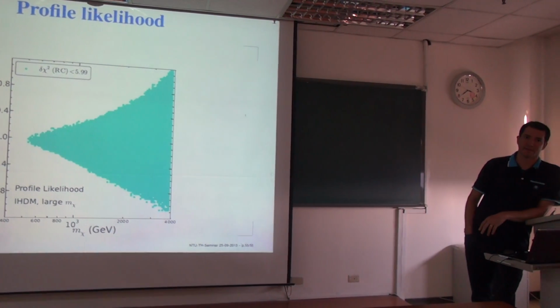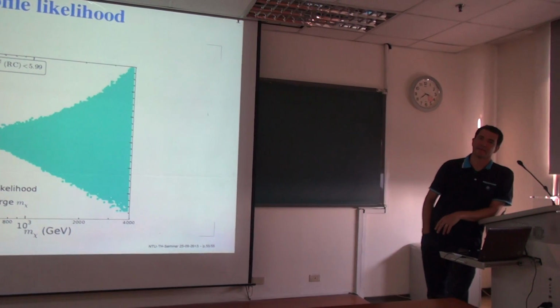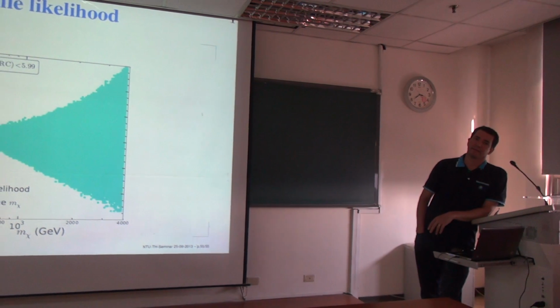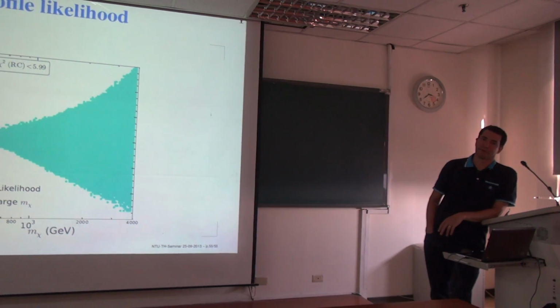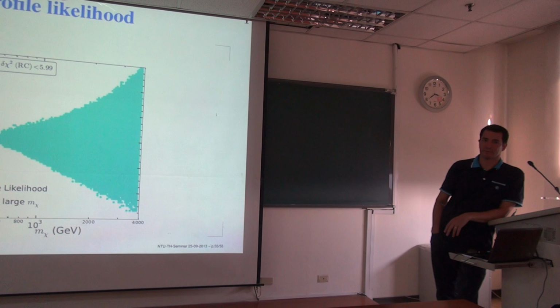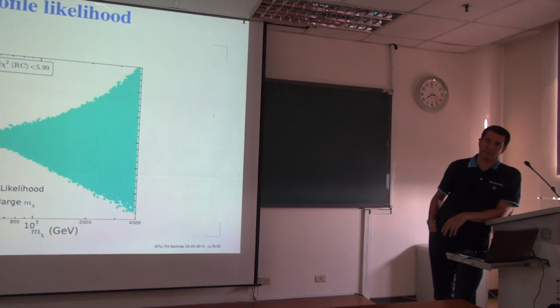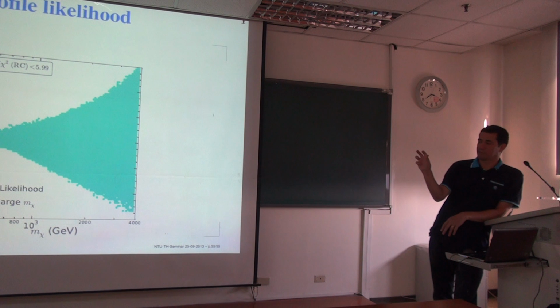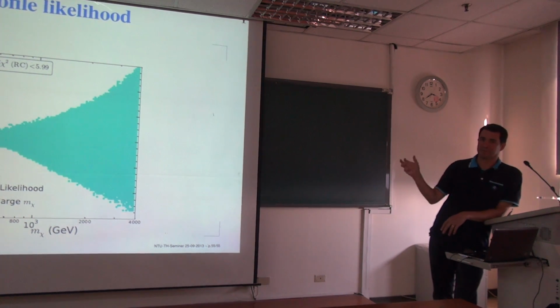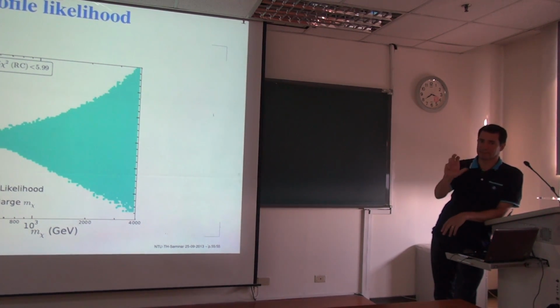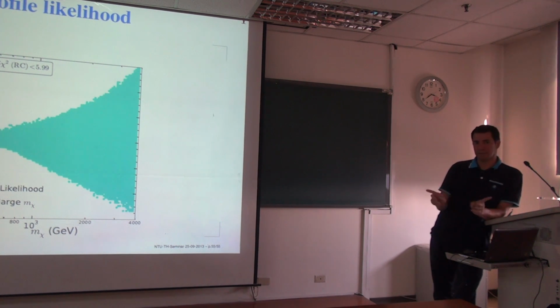If you do the running of lambda, the other lambdas may contribute and affect the running. In this model, the standard model Higgs is kind of decoupled from the other sector because of the Z2 symmetry. The visible and invisible sectors communicate only through the Higgs exchange.